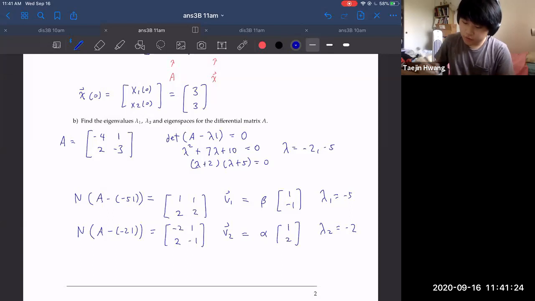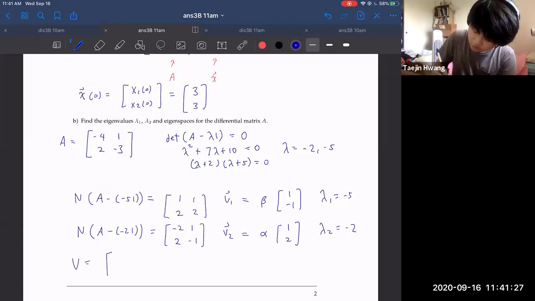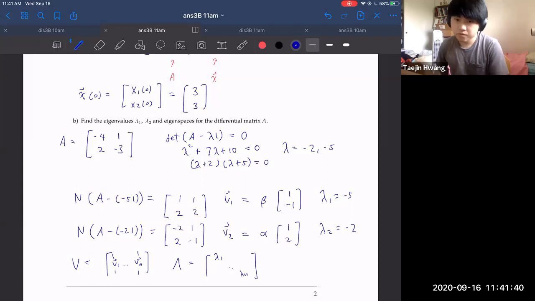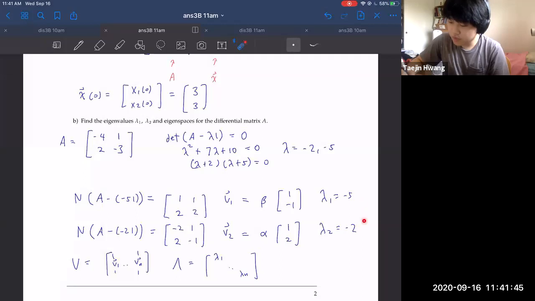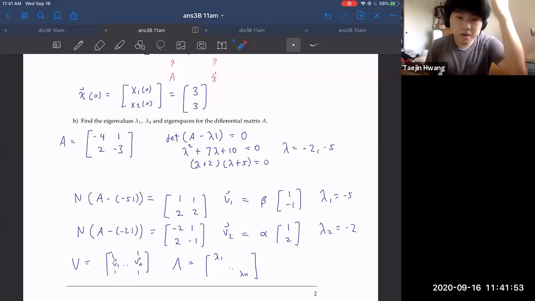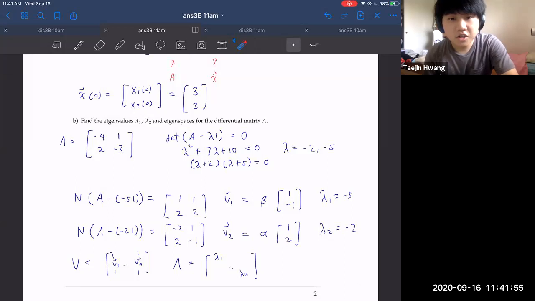So whenever you write your V matrix as V1 all the way up to Vn, make sure the ordering of V1 to Vn matches the ordering of your eigenvalues, lambda 1 to lambda n. This is really important to remember. If you had swapped the orders of lambda 1 and lambda 2, you would swap the order of the columns as well. So any questions about how to find eigenvalues and eigenvectors and diagonalization, the ordering of the vectors as a whole?